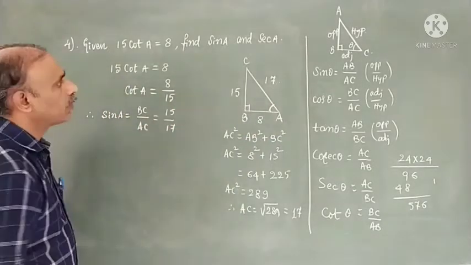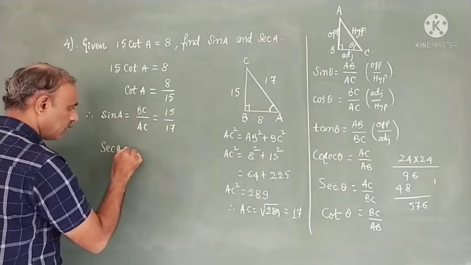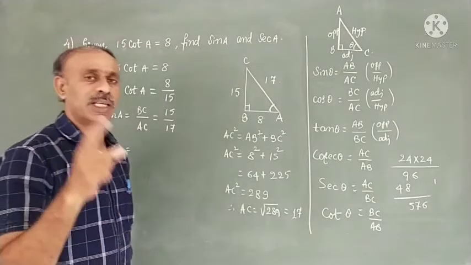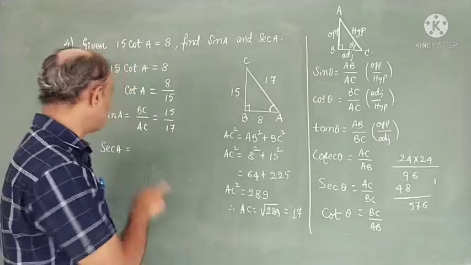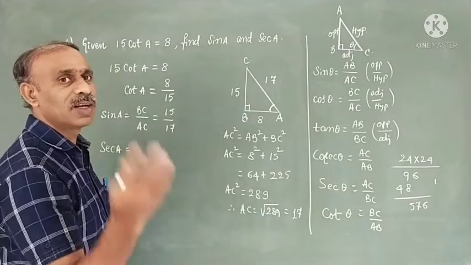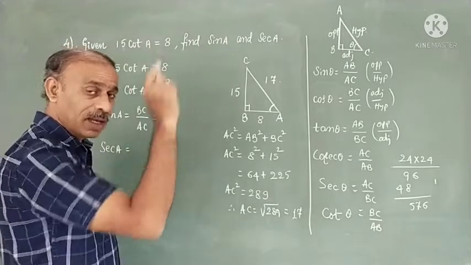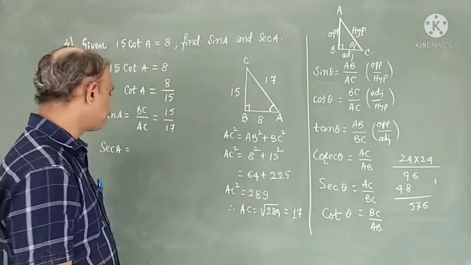Finish. Next, secant A. Cosecant is 1 by sine, and secant is 1 by cos. What is cos? Cos is nothing but adjacent by hypotenuse.